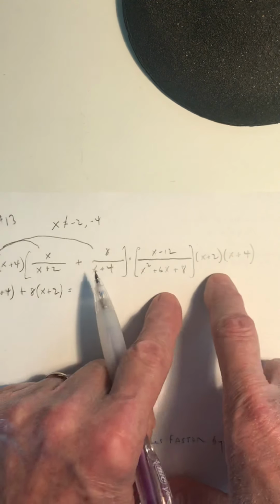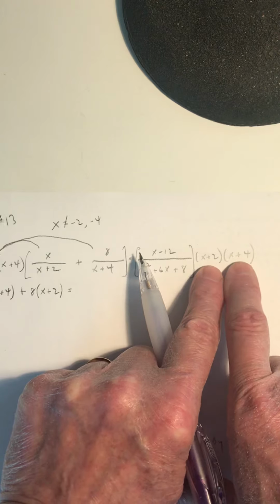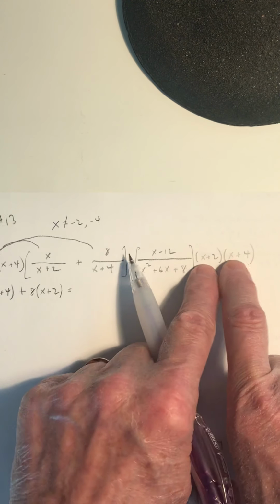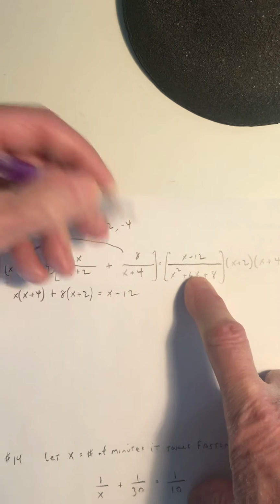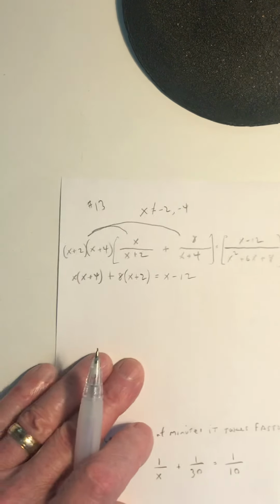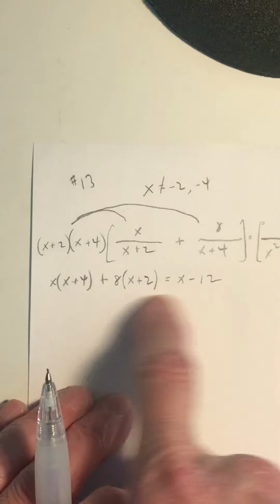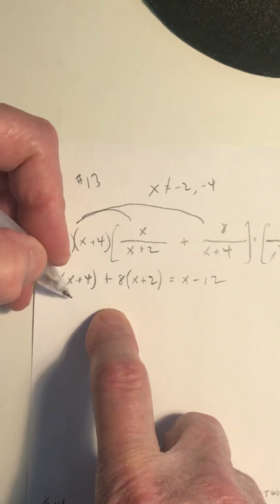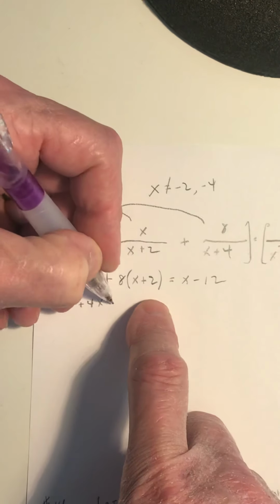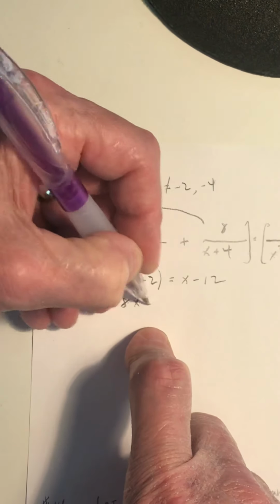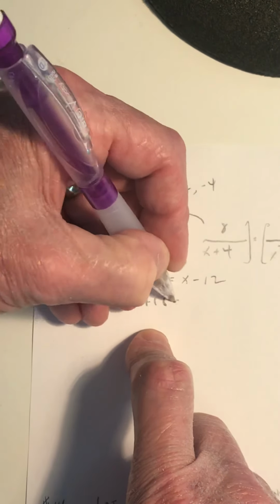Right side is just beautiful because remember, this multiplied out is exactly that. So this totally clobbers that, leaving us only x minus 12. And now we concentrate on solving this. Remove the parentheses, you get x squared plus 4x plus 8x plus 16.